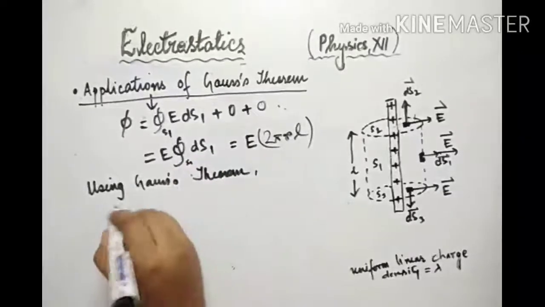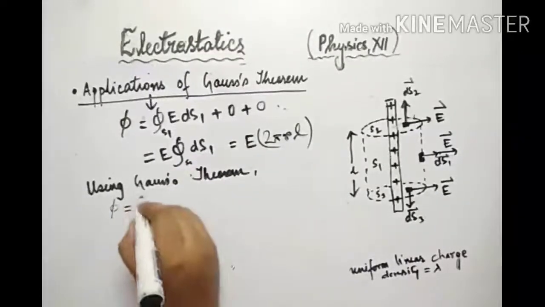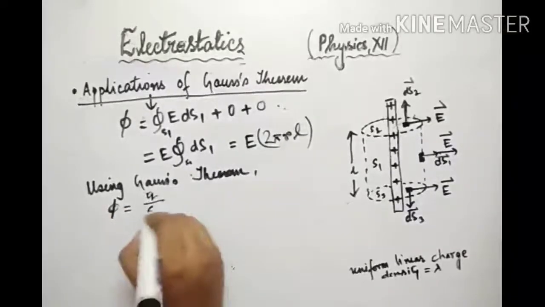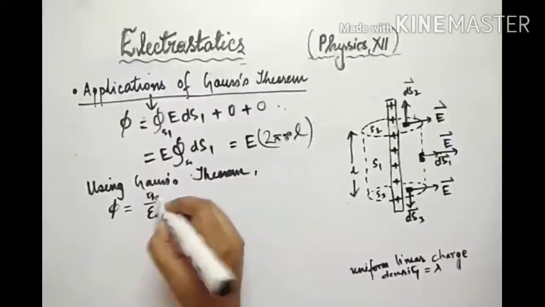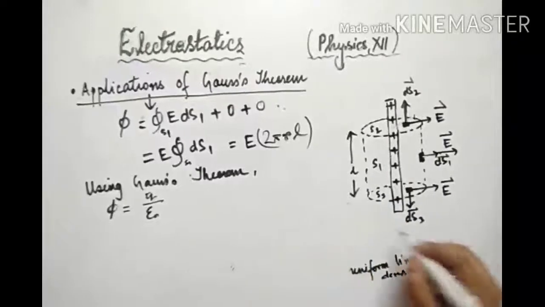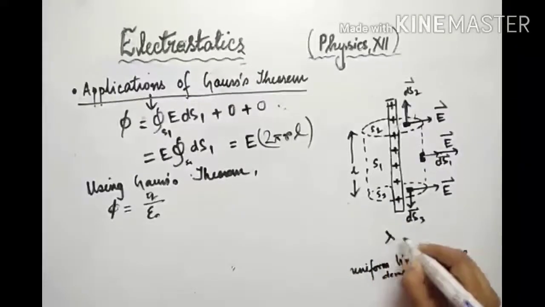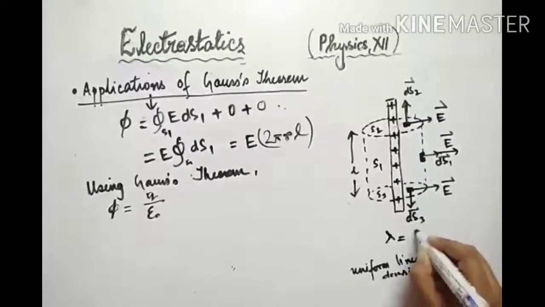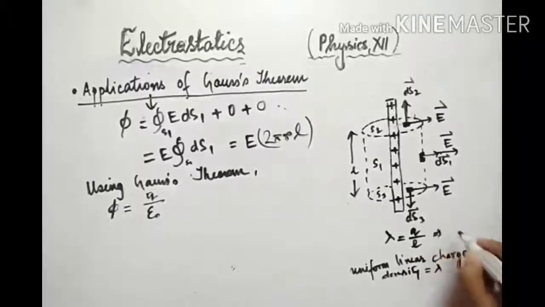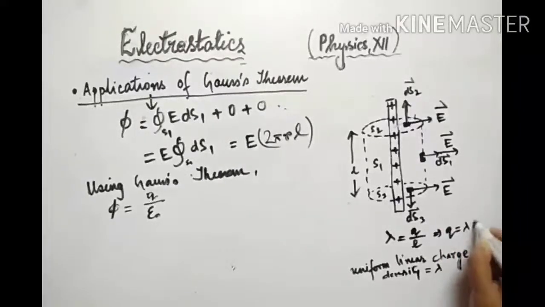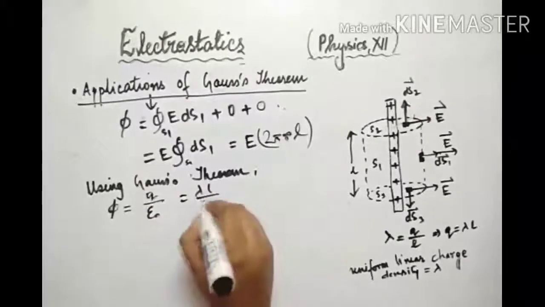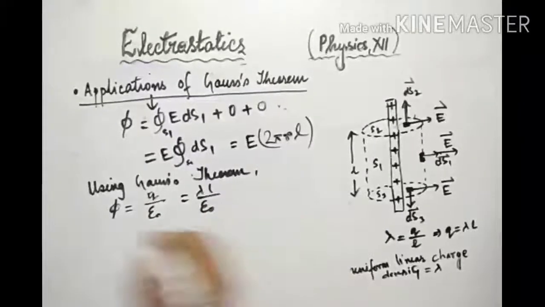We know Gauss's theorem gives us phi equals Q by epsilon naught, where Q is the net charge enclosed by the Gaussian surface. But here we know lambda is the uniform linear charge density, which equals Q by L. We have already learned this before. So Q can be written as lambda L. So here we can represent this by lambda L by epsilon naught.